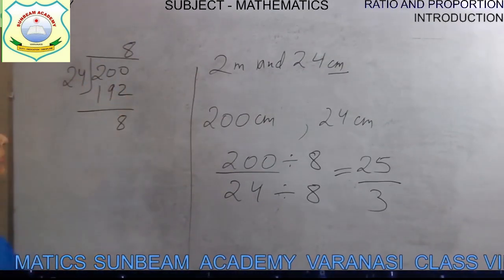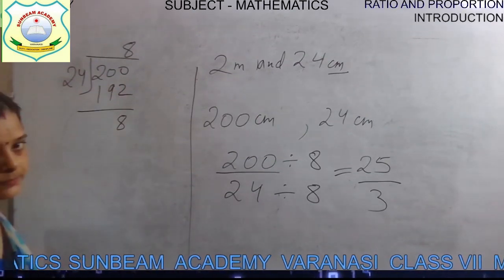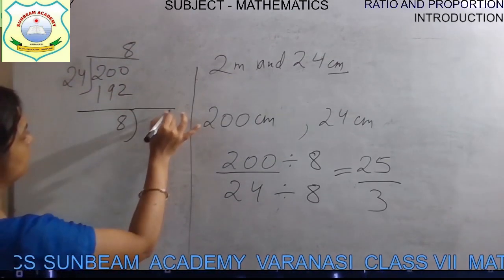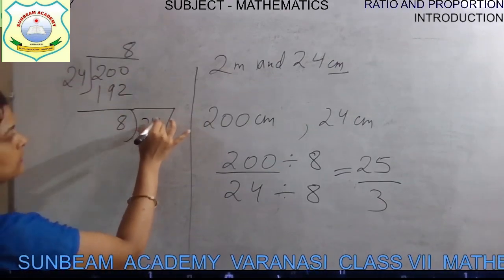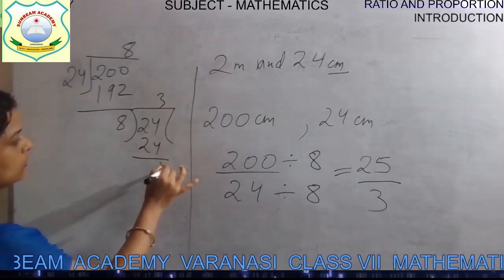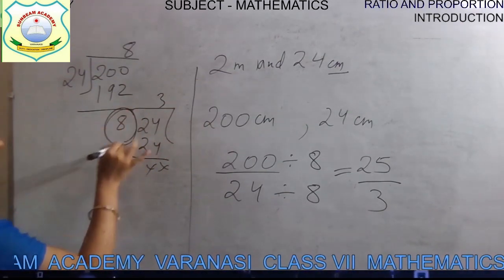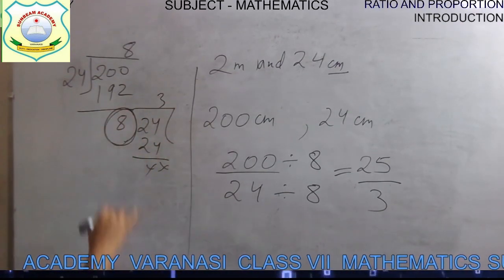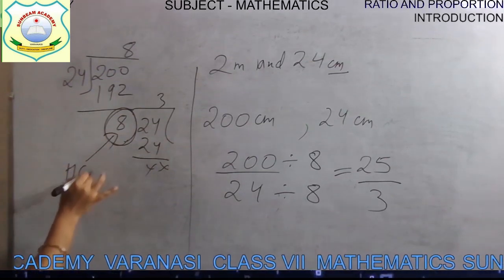So what is left? 8. Now 24 will be divided. How many times? 8 3s are 24. Cancel out. So what is your HCF? HCF is 8.